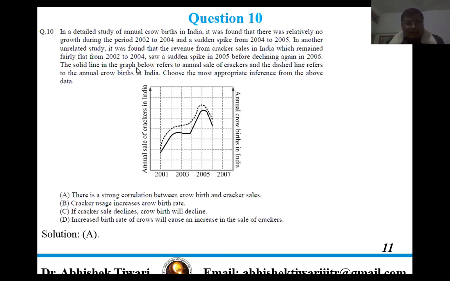The solid line in the graph below refers to annual sales of crackers, and the dashed line refers to the annual crowbars in India. Choose the most appropriate inference from the above data.